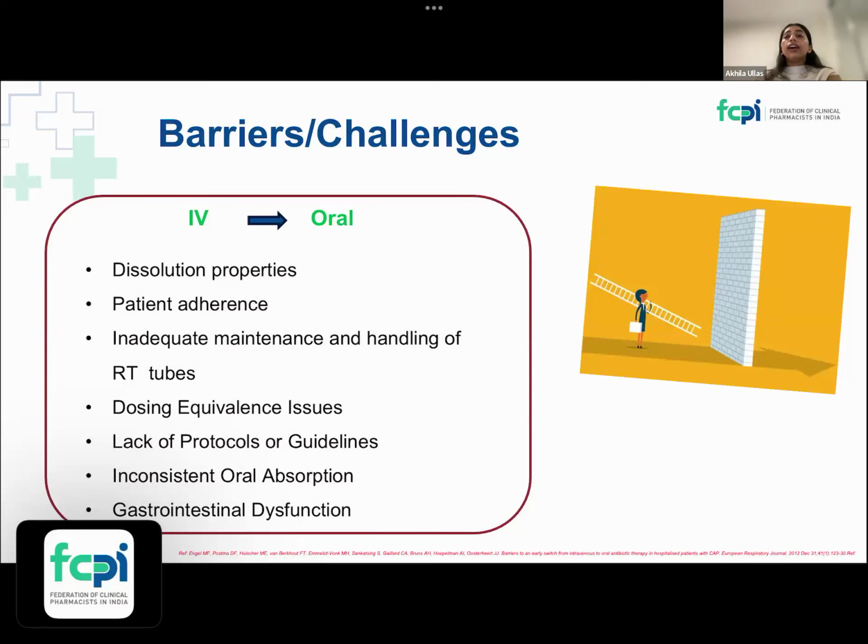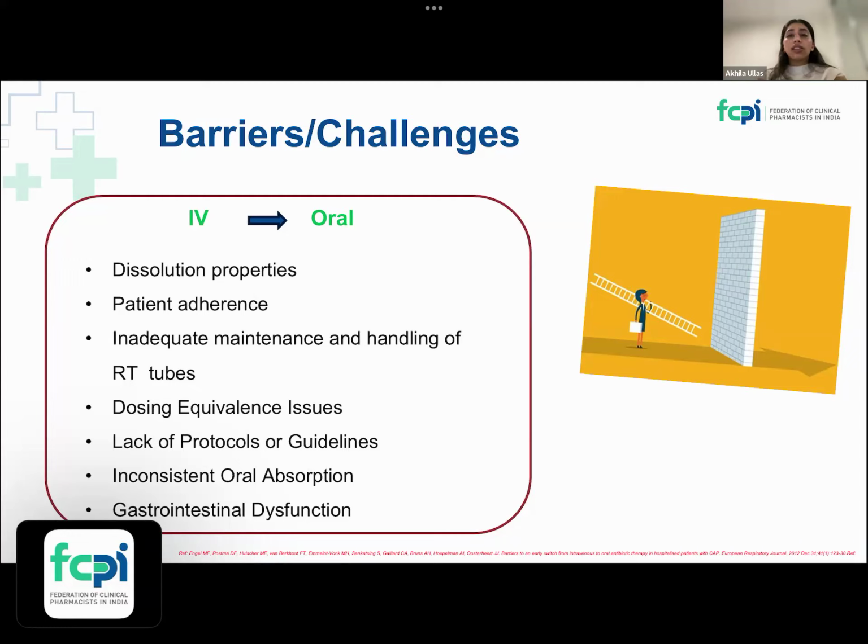Next, we'll discuss the barriers or challenges in going from IV to oral. It is mainly the dissolution properties of the drug. Like we discussed earlier, if any patient has a gastrointestinal effect or any post-surgical complication, it may affect the dissolution properties of the drug, and patient adherence.